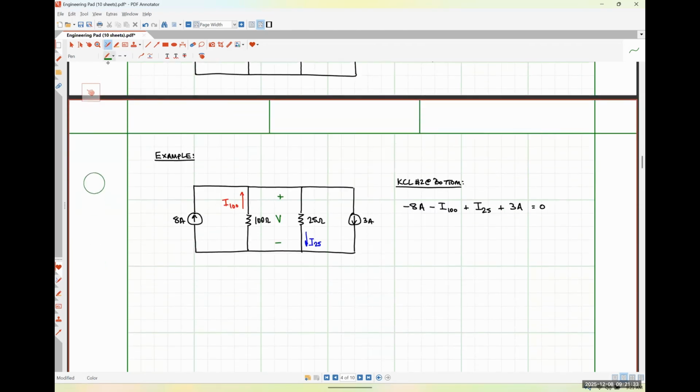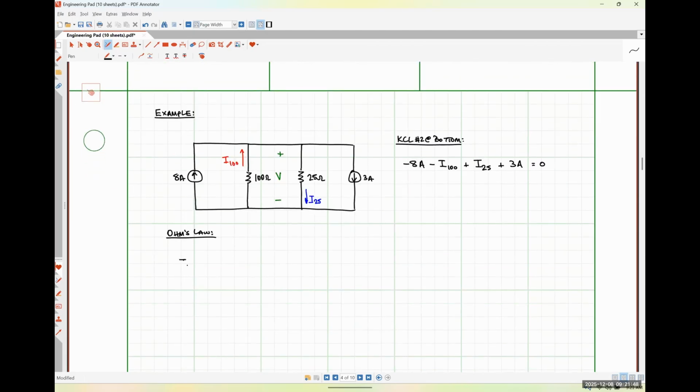So down here, I'm going to write an Ohm's law equation for those two resistor currents, right? So let's start with I100. How would I express that current I100 in terms of that common voltage V? So V over 100 ohms is somewhere to start, but that's technically incorrect.